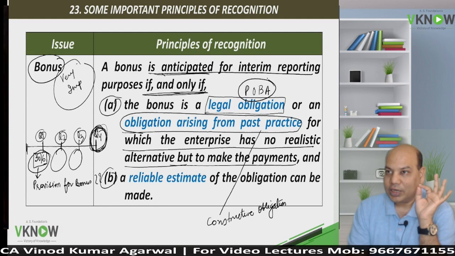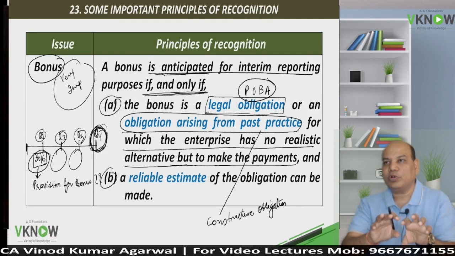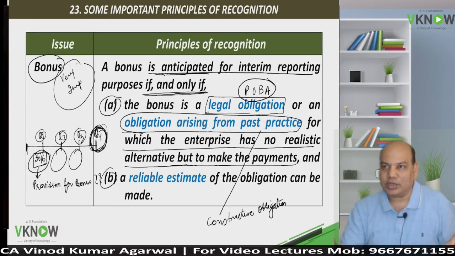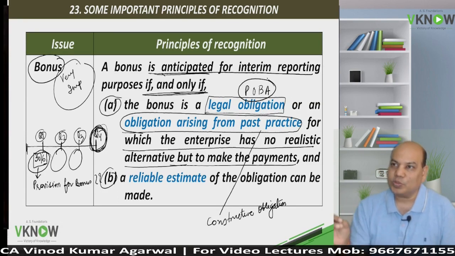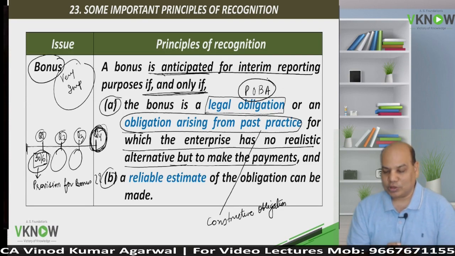Now you have created an expectation in the minds of employees that the company is going to pay Diwali bonus. An employee gets bonus for rendering services for the whole year, so in quarter 1 also he has rendered the service. So proportionate bonus should be recognized in quarter 1, and in quarter 2 also.